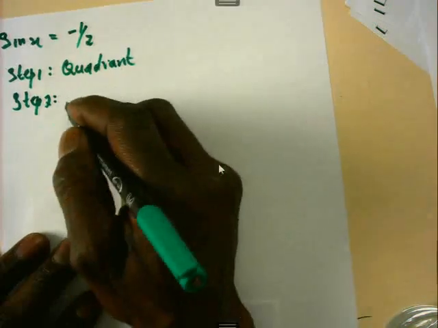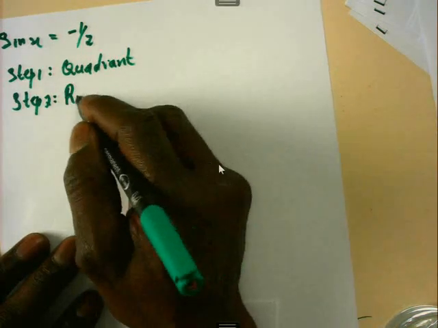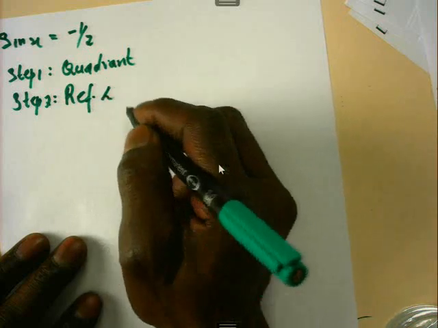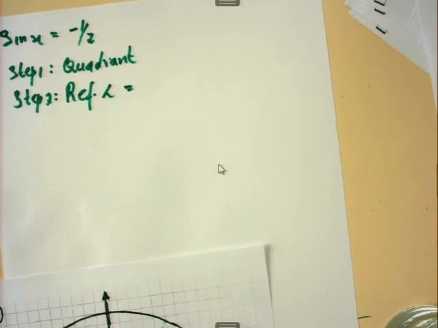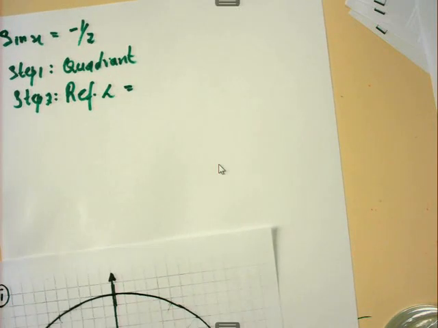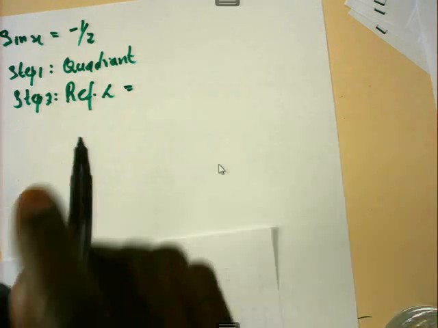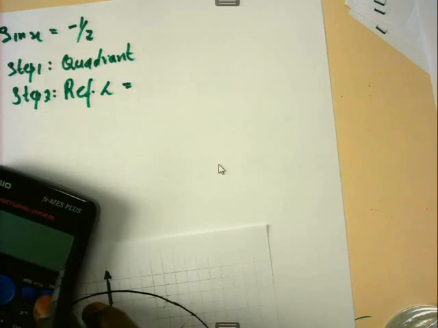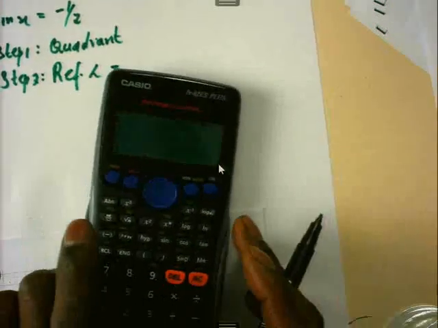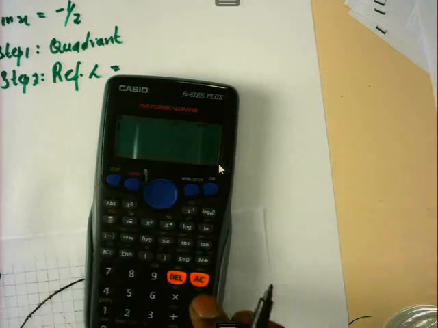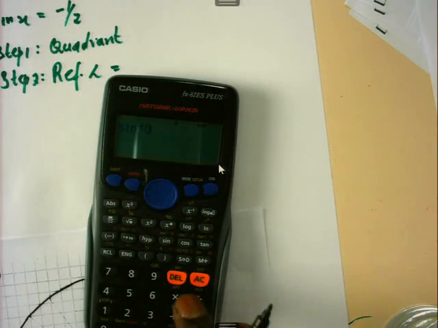Step 2, we are going to look for an angle to refer to in order to generate the solution for that problem. So our reference angle will be, you now know that we've got to press, let's switch the calculator on. We press second function arcsine.